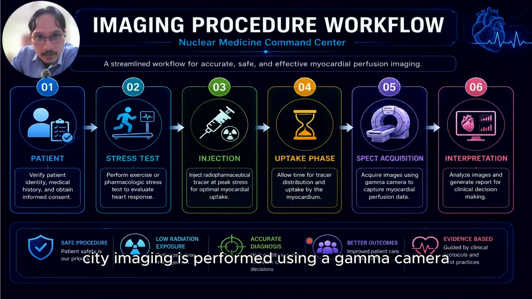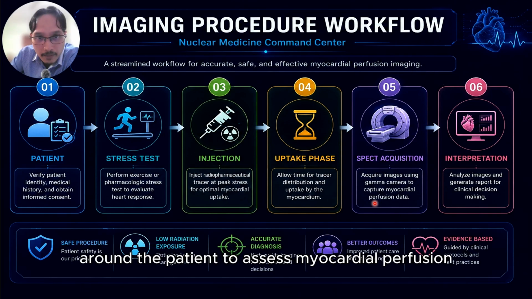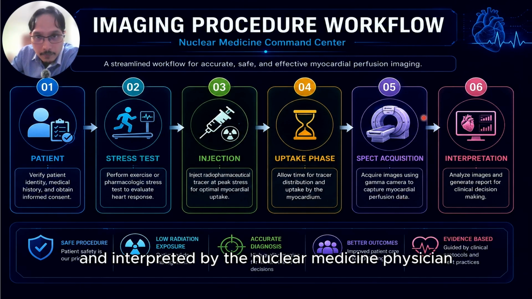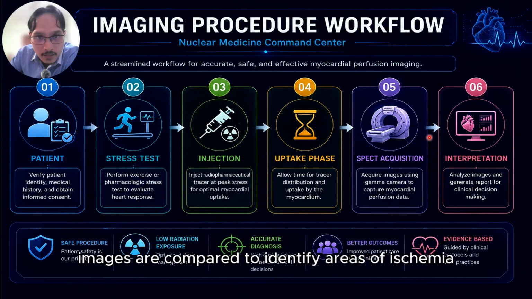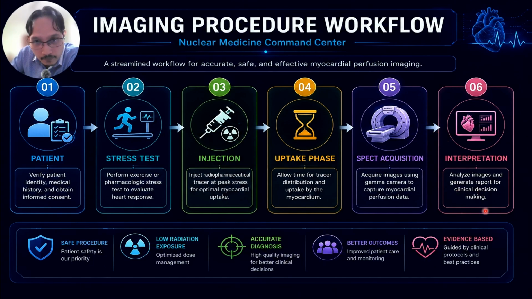Next, SPECT imaging is performed using a gamma camera. Images are acquired from multiple angles around the patient to assess myocardial perfusion. Finally, the images are processed and interpreted by the nuclear medicine physician. Stress and rest images are compared to identify areas of ischemia, infarction, or normal myocardial perfusion.